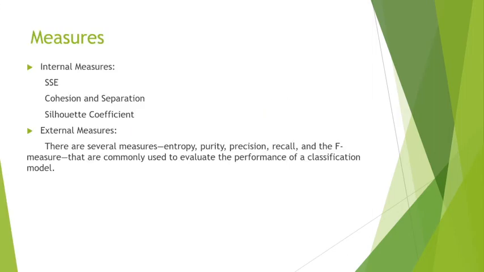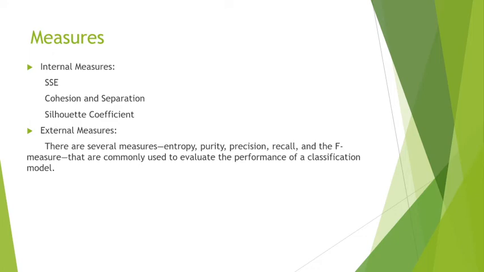As you can see in the slides, there are 2 types of measures. One is internal measure. In internal measure, we measure the goodness of a clustering structure without respect to external information. The examples are the sum of squared error method, cohesion and separation, and Silhouette coefficient.